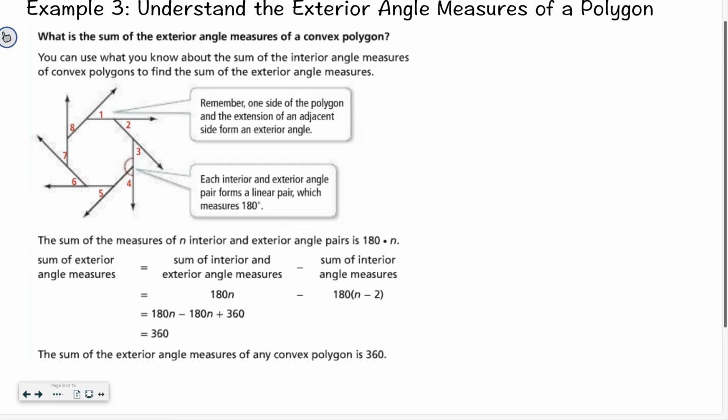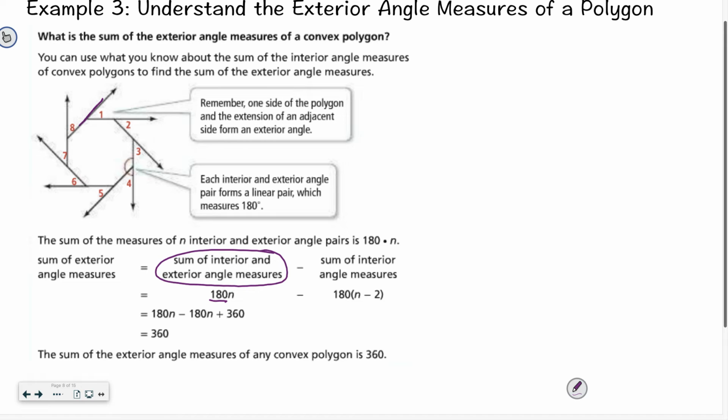And we know that straight lines have a measure of 180 degrees. So if we want to know how many degrees are on the outside of a polygon, we would take the sum of both the interior and exterior, so that's that 180.